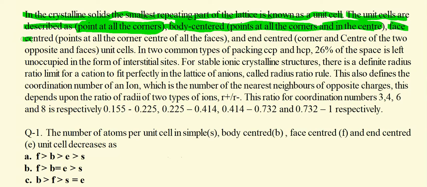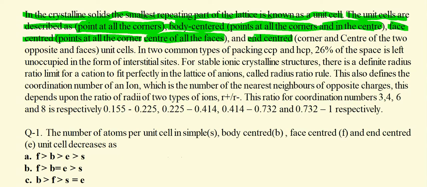Then the next one is the face centered unit cell. Here points at all the corners are present, the 8 particles at the corners, and on the six faces of the lattice the particles are present.